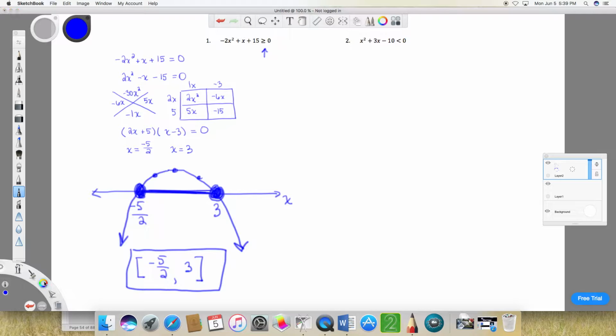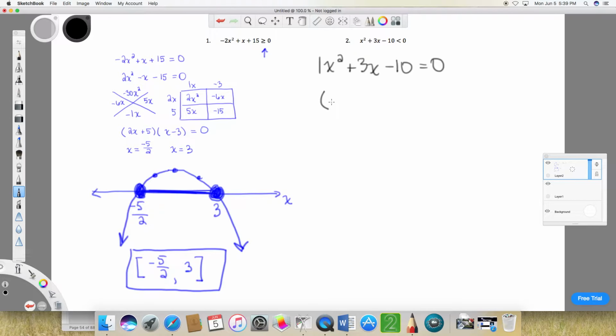So let's take a look at this next one, and see if we can do it in the same way. I'm going to ignore the inequality and look at x squared plus 3x minus 10 and set it equal to 0. This one's a little easier to factor because the leading coefficient is 1. Last time the leading coefficient was something other than 1, and that's why the x method was so nice.